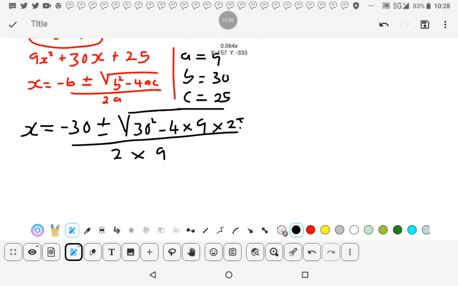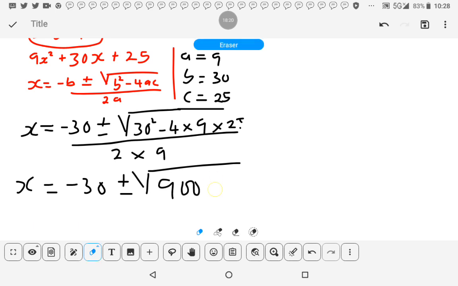So from here now you have x will be equal to minus 30 plus or minus the square root of 30 squared. 30 squared is the same thing as 30 times 30, and that will give you 900.